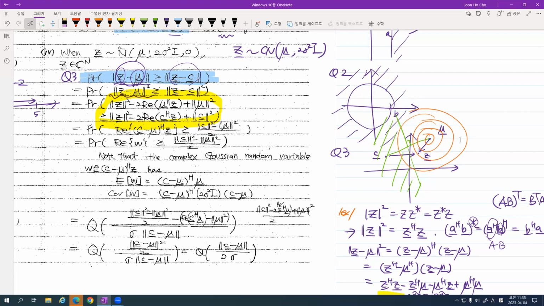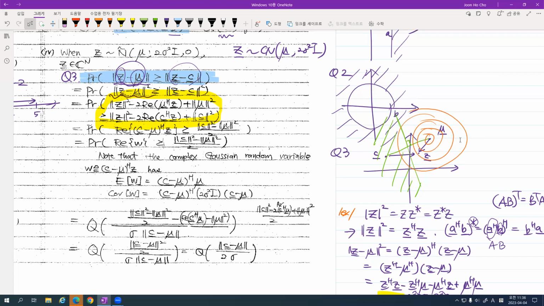If you have a proper complex Gaussian random vector and you pre-multiply a complex row vector, then the result is a proper complex Gaussian random variable. And you must remember that any proper complex Gaussian random variable has independent real part and imaginary part having the same variance. So circularity is given to you now.